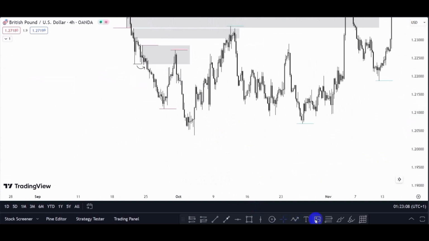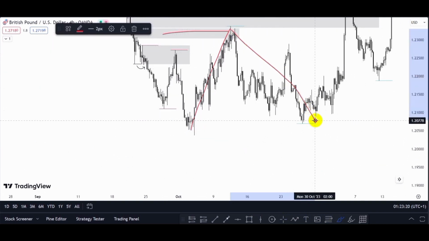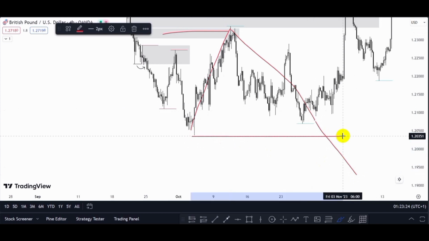You see what we have here is price push to the upside, mitigated this institutional order flow, but price now returned and did not move sufficiently to the downside to take out these low points. And then we see price moved to the upside and took out this high.